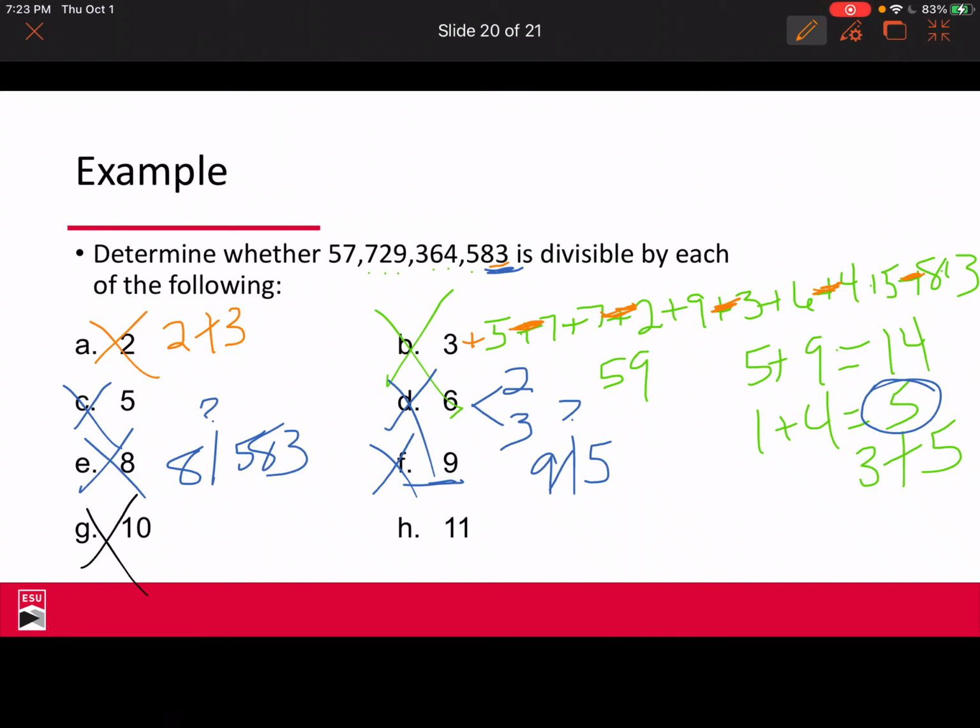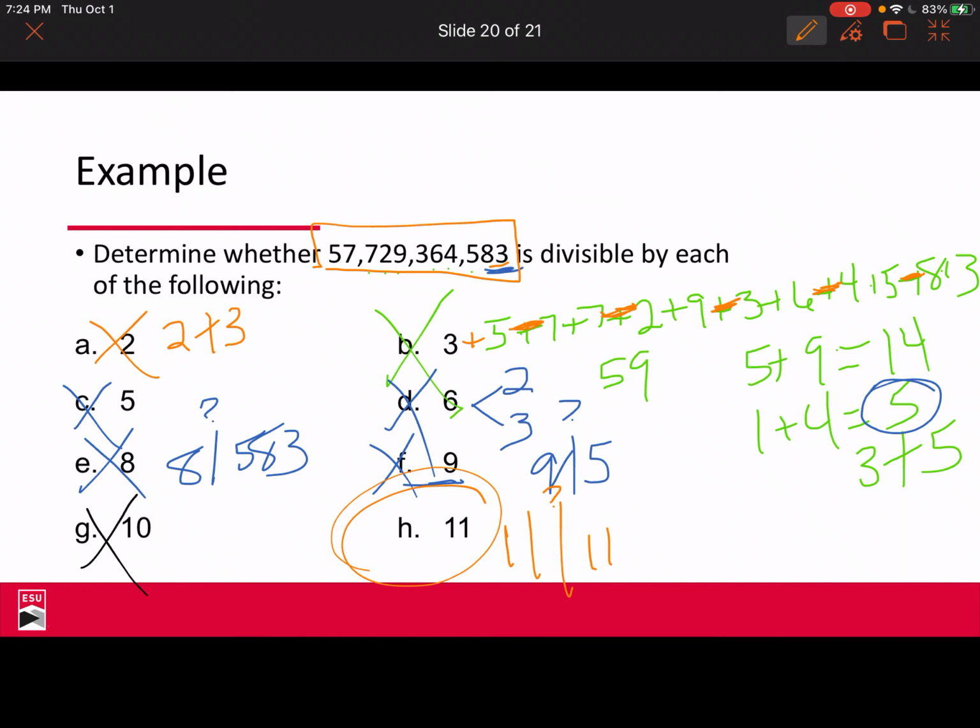And so now I have 5 minus 7 is negative 2, plus 7 is 5, minus 2 is 3, plus 9 is 12, minus 3 is 9, plus 6 is 15, minus 4 is 11, plus 5 is 16, minus 8 is 8, plus 3 is 11. So does 11 divide 11? It sure does. And so this big old number here is divisible by 11.